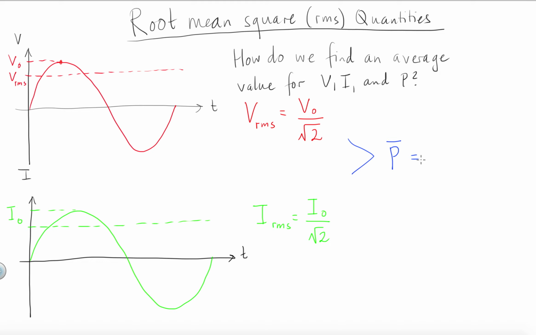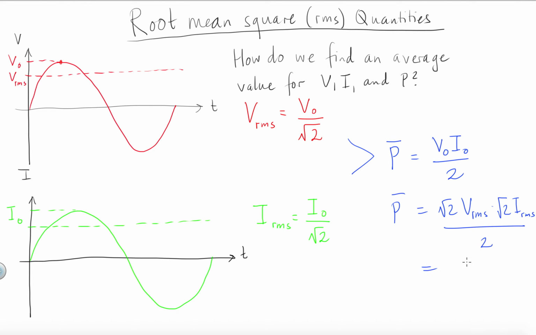That is the same as the peak voltage times the peak current divided by 2, which, replacing the peak values with our new quantities for RMS, gives us root 2 VRMS, just substituting here, times root 2 IRMS divided by 2.